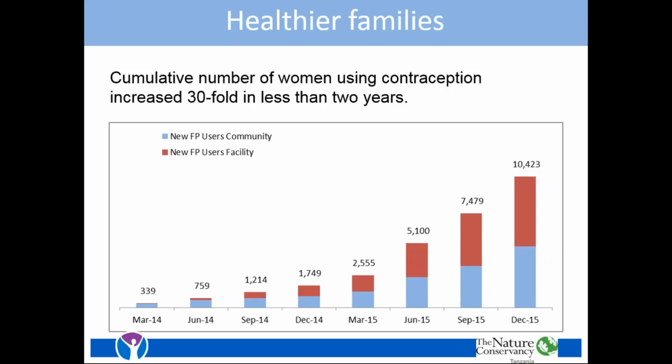And there are many reasons for this increase in family planning use. 17 facilities in the catchment area and their staff have received infrastructure, equipment, and training support to increase the range of contraceptive methods being provided, both short-term, long-acting, as well as permanent methods. Community health workers have been trained to provide contraceptive counseling and methods through door-to-door services.